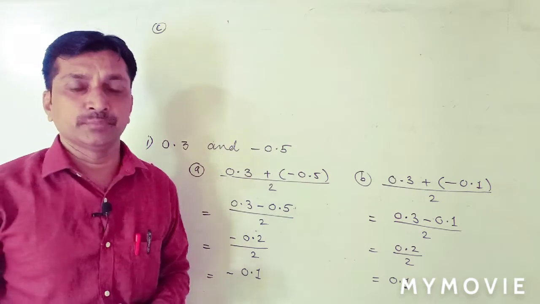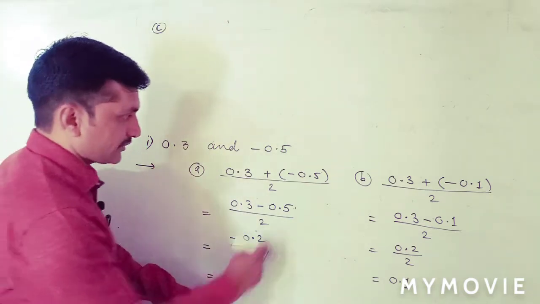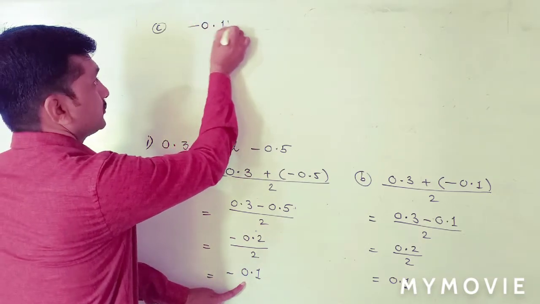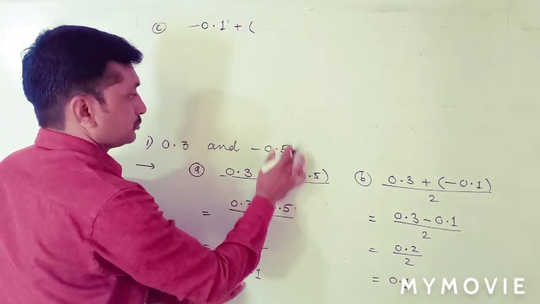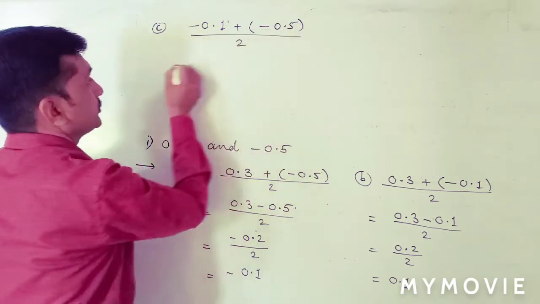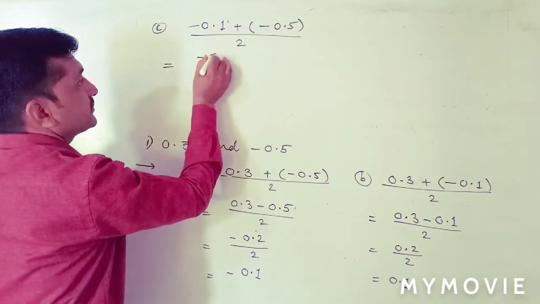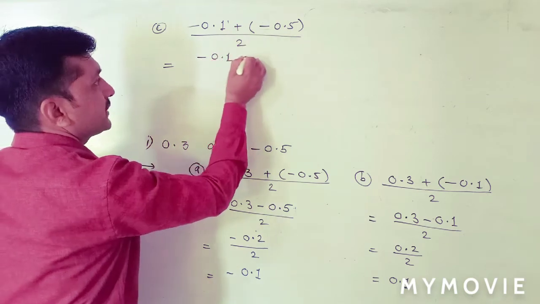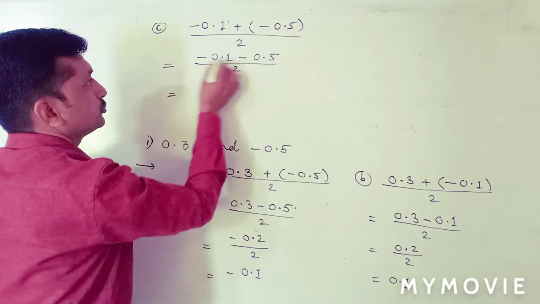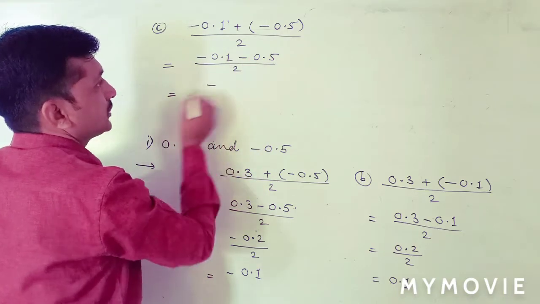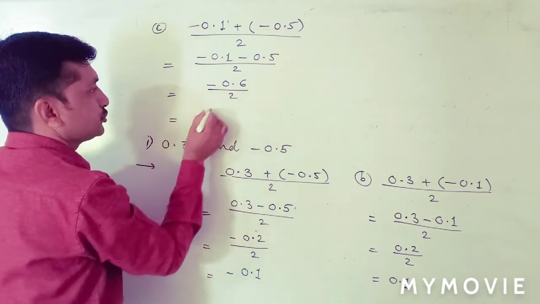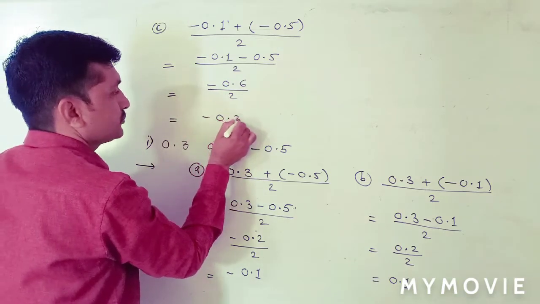Now let's find the third number. Third number, take average of this and this, both are negative. Minus 0.1 plus in bracket minus 0.5 divided by 2 is equal to minus 0.1 plus minus 0.5 divided by 2 is equal to minus same sign, I will sign, addition 0.6 divided by 2 is equal to minus 0.3.